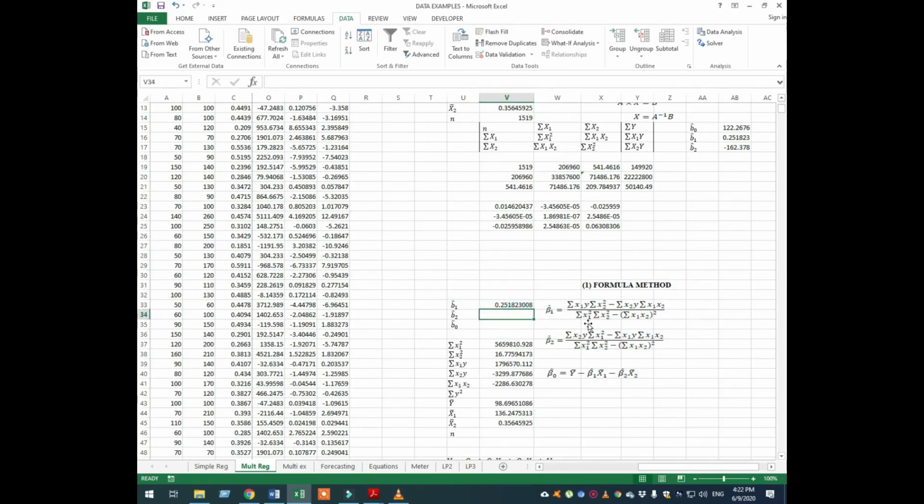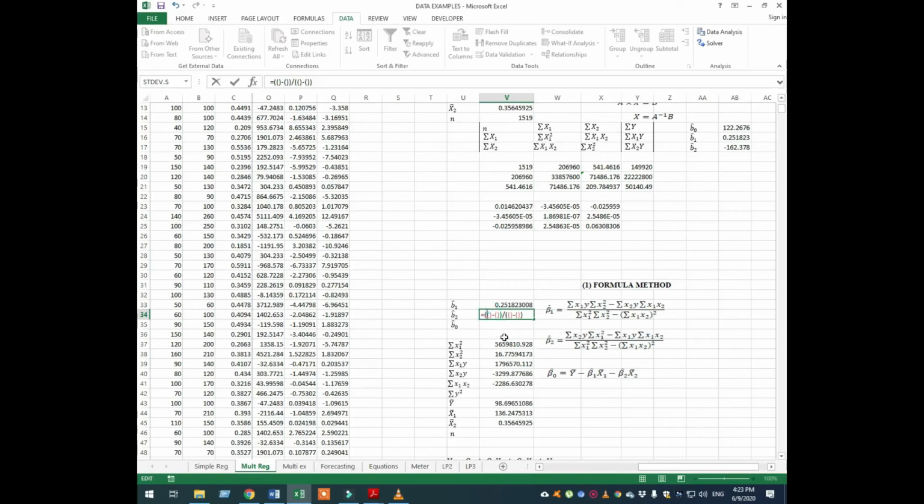Similarly, I'll be following the formula for B2 cap, and again I'm putting some parentheses over there. In the numerator two factors are subtracted, divided by the denominator where again two factors are subtracted.